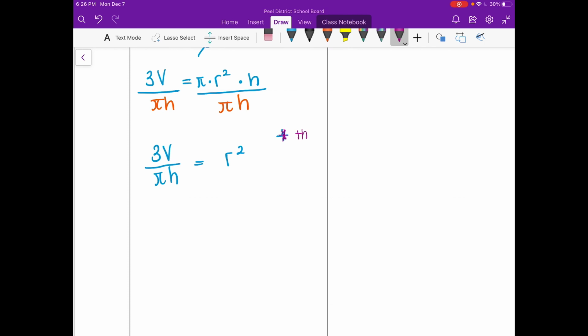The opposite of squaring something, so squaring r to the exponent, is square root.